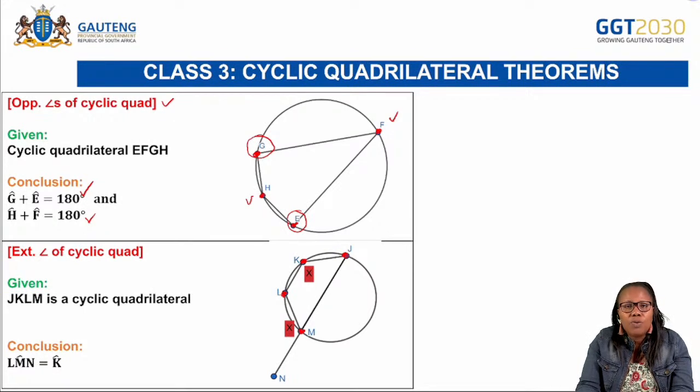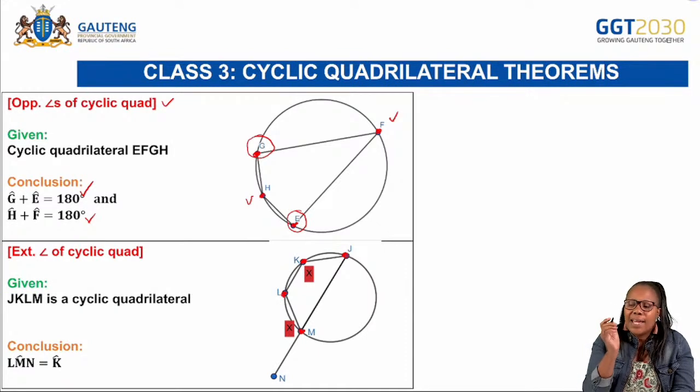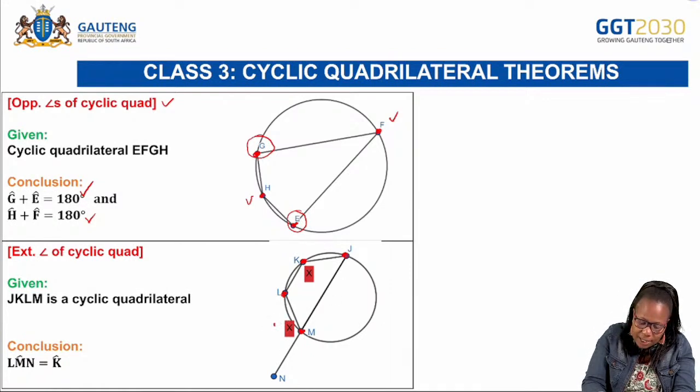How do you track this exterior angle, grade 12? That angle must be on the extension of one side. As we can see, we have this exterior angle here indicated with an X in maroon. Look at this angle. It is on the extension of one of the sides of the cyclic quad.